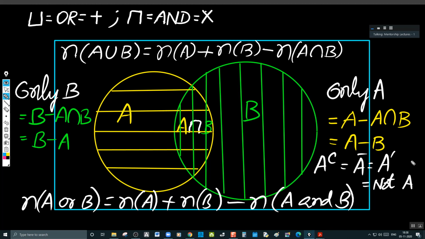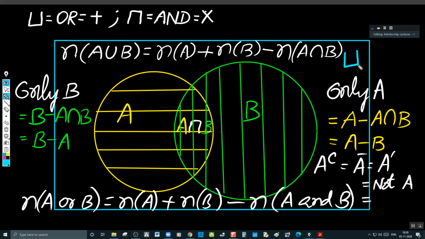Understand that? Not A means we don't want A. So you have to subtract A from the universal set.